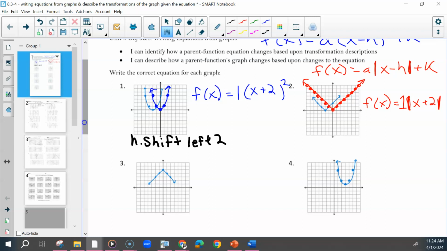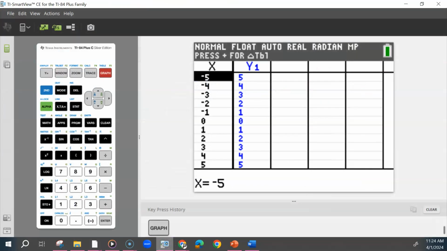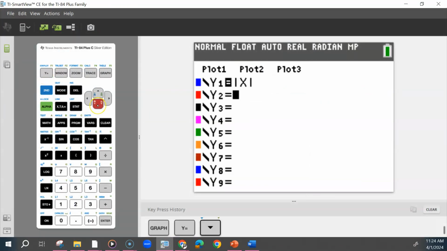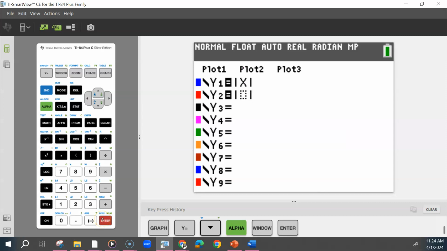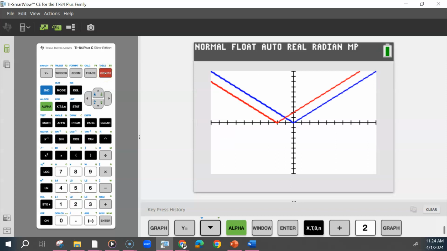And if I were to graph that in my calculator, again, I didn't write this, I'll write that afterwards. In the next line, I'm going to put alpha y equals, alpha window, the absolute value, x plus 2, and graph them both. And I see my original, and I see my other function was moved to the left twice.